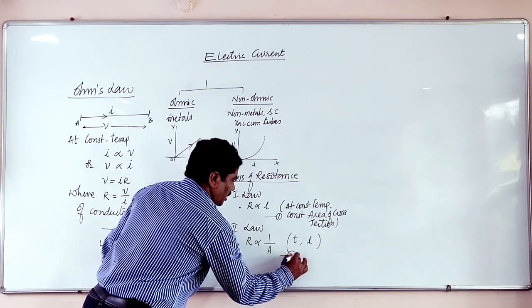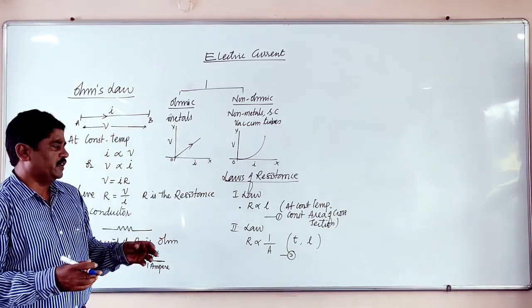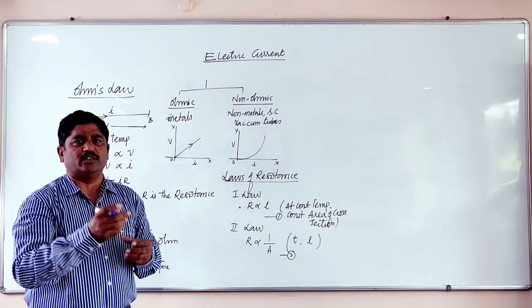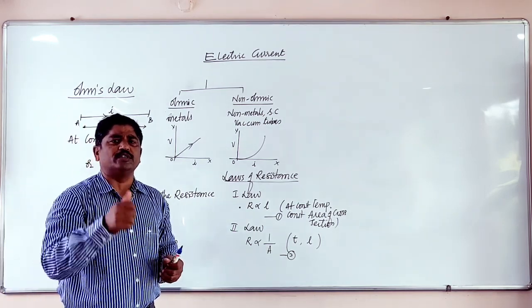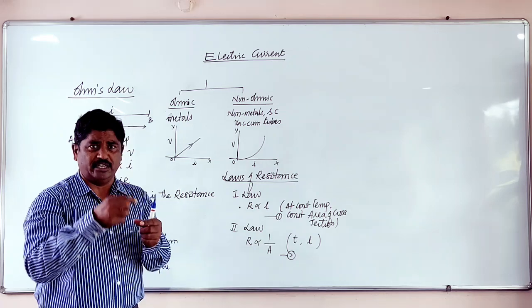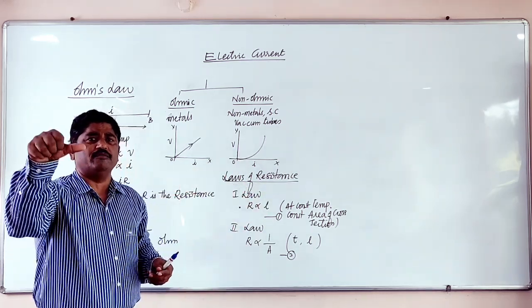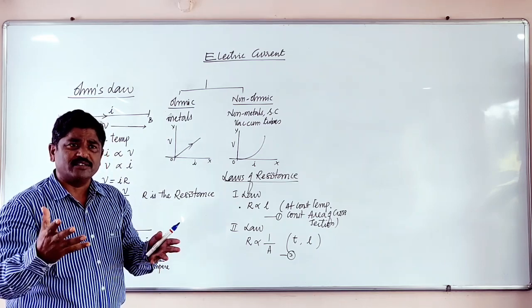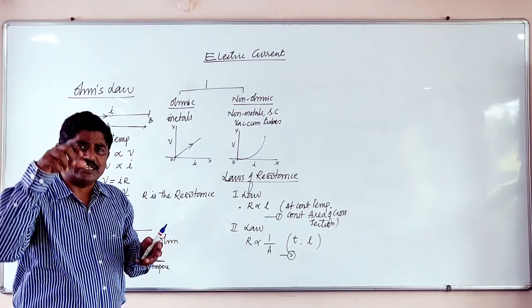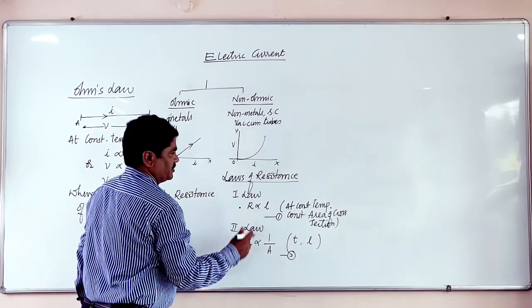For example, if a small pipe has water coming through it, you can close it with your thumb; the resistance is very high in the narrow pipe. When a huge pipe has water coming through, you cannot stop it with your thumb, because the area is more and the resistance is less, so it is an inverse relation.